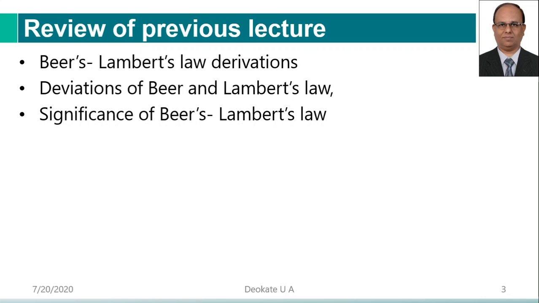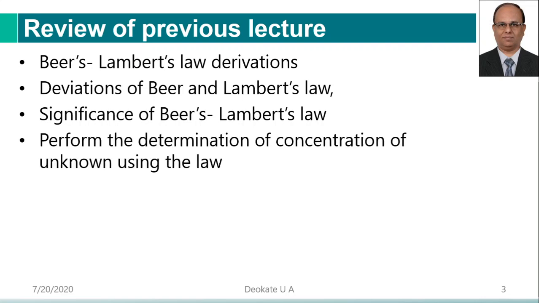Then we studied the significance of Beer's-Lambert's law, how it can be modified to get the concentration. Mathematically, we can obtain the concentration by using the above equations. Then we performed the determination of concentration of unknowns using this law.